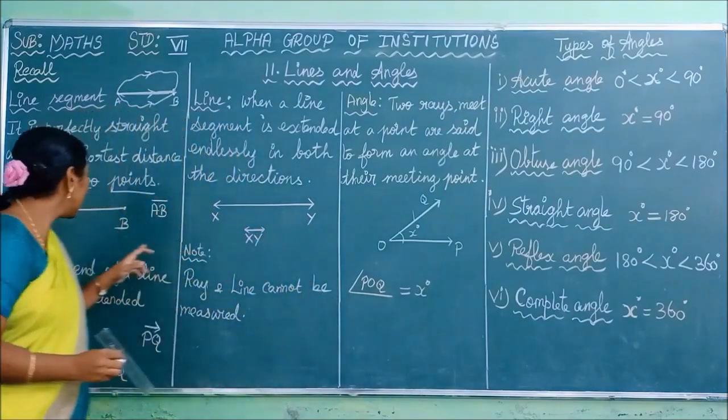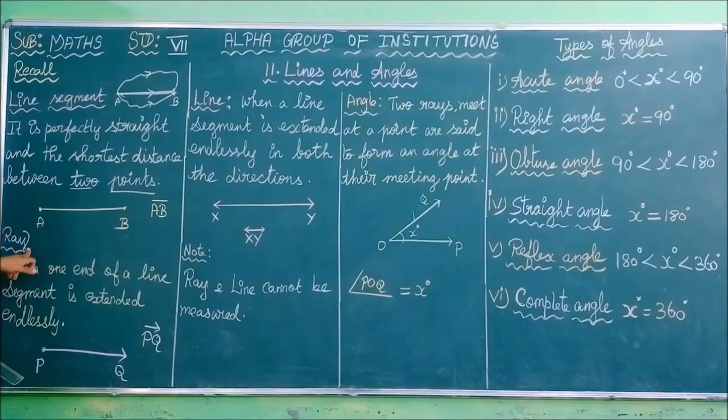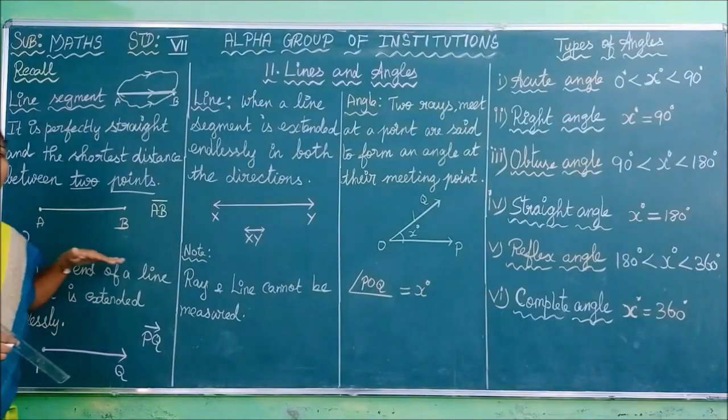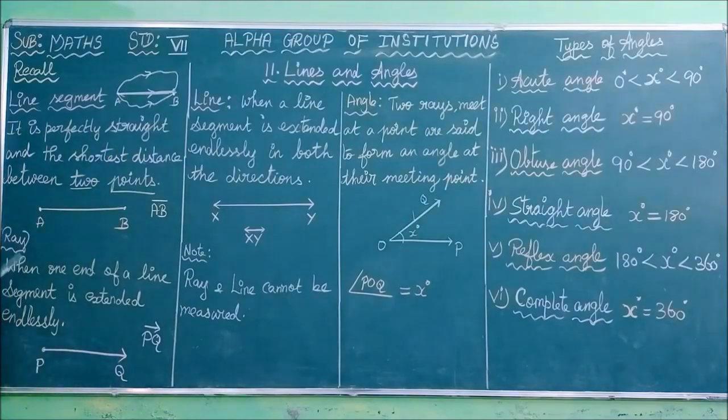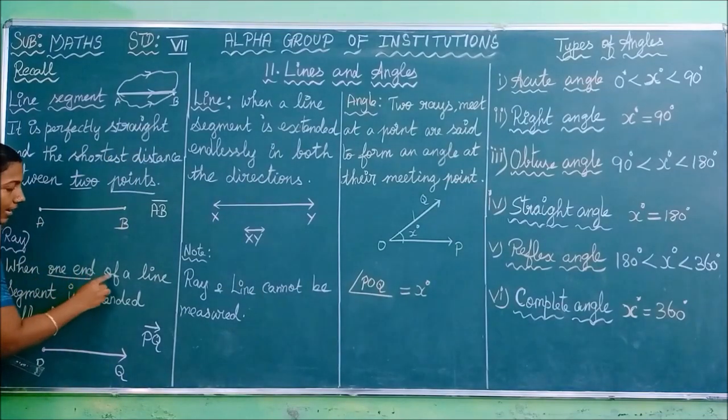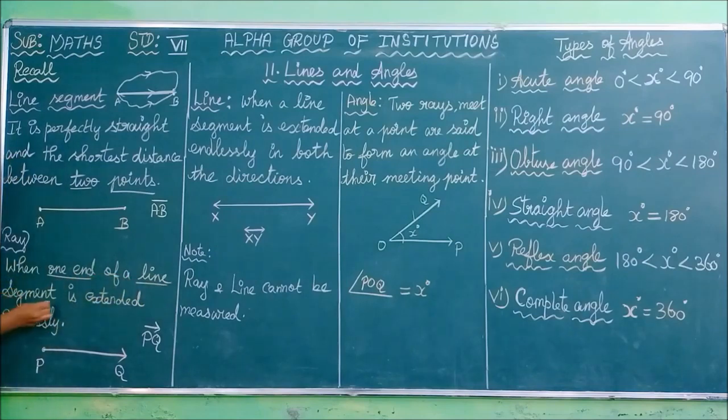See the next one. Ray. What is meant by ray? They are defining ray on the basis of line segment. Listen carefully. A ray is formed when one end of a line segment is extended endlessly.